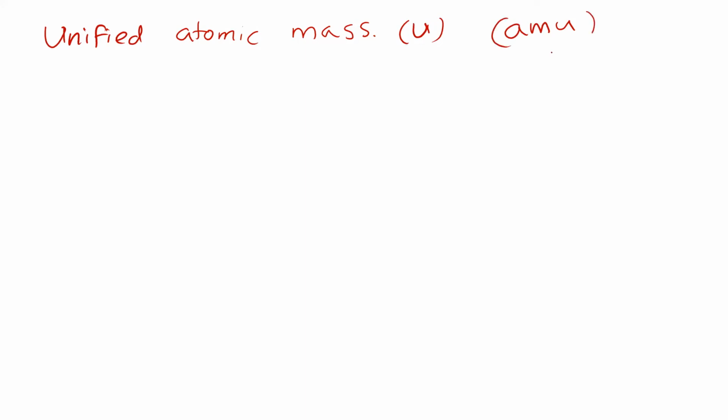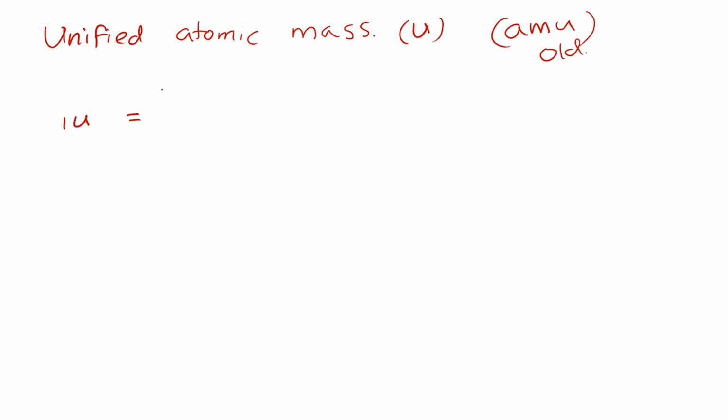This is the old version, but the new version is unified atomic mass. We simply use U. So 1 U, or the unified atomic mass, is defined as 1/12 of the mass of an atom of the C-12 isotope.